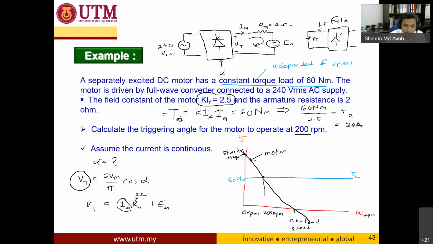Okay, so right now we have solved this part. IA is 24 and your resistor is 2. But how to obtain the back EMF?